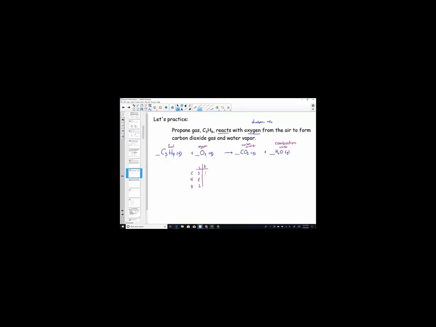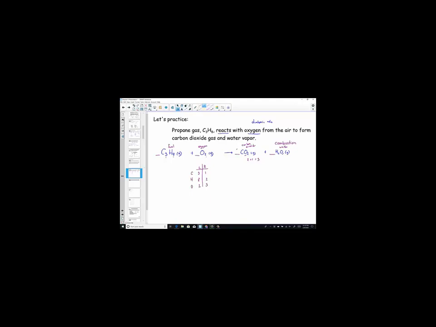I count 1 carbon, I count 2 hydrogens, and a combined total of 2 plus 1 more from the water is 3 oxygens. Remember that oxygen now is appearing in 2 separate places, so I have to combine the total to 3. Starting with your carbons, let's place in a coefficient and balance the carbons.